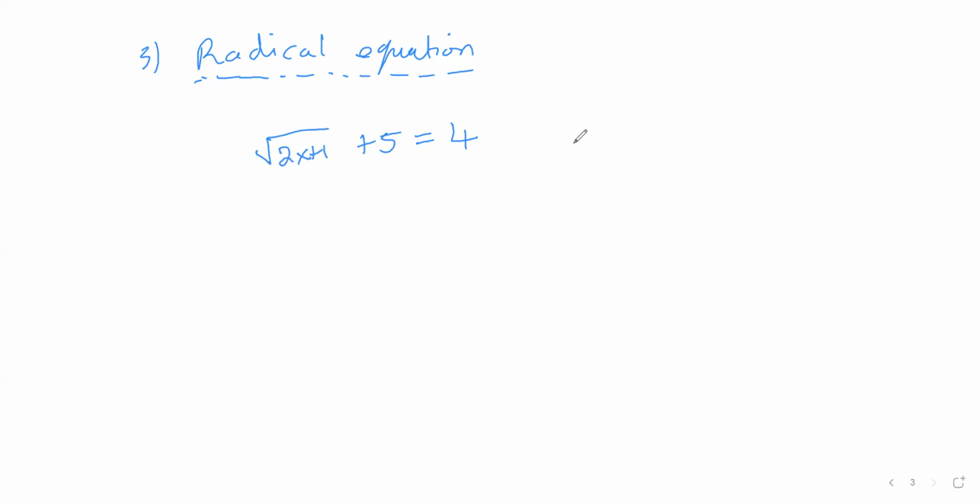Now, a common mistake will be to mistake this, the square root of 3, times x plus 2 equals 5. It's not a radical equation. Notice that there is no variable in our radicand. This is just some constant. Even though this radical appears there, the variable does not appear in the radical sign.